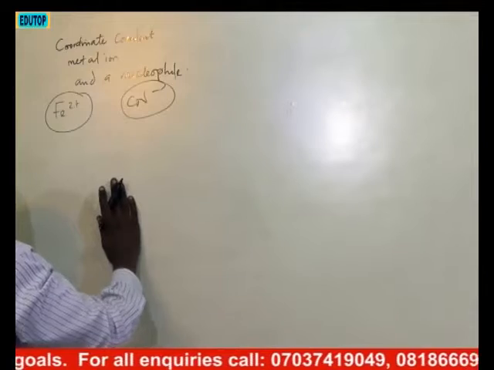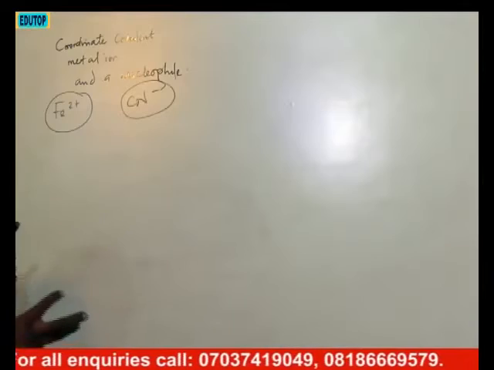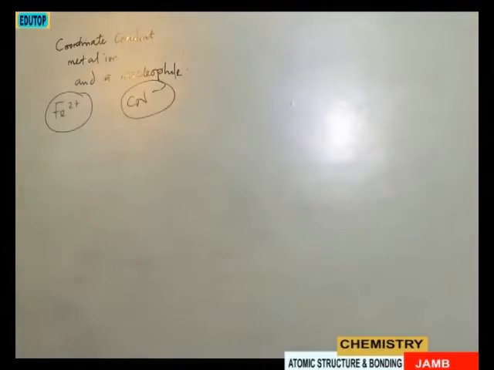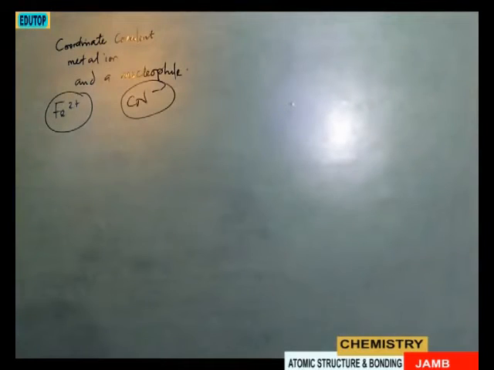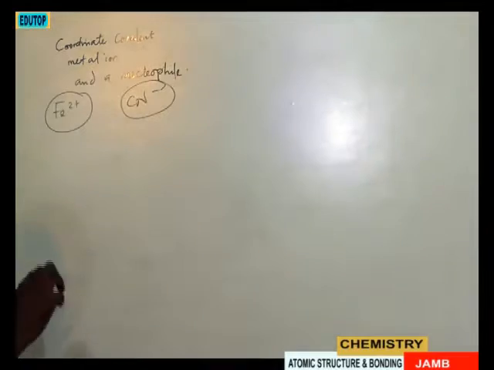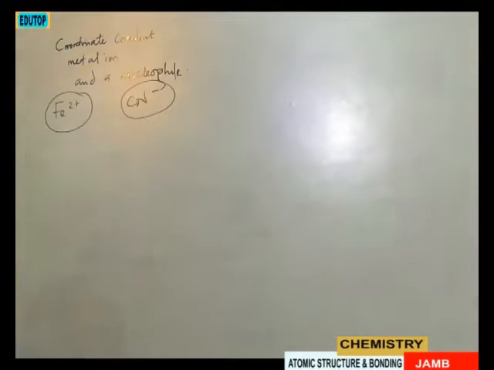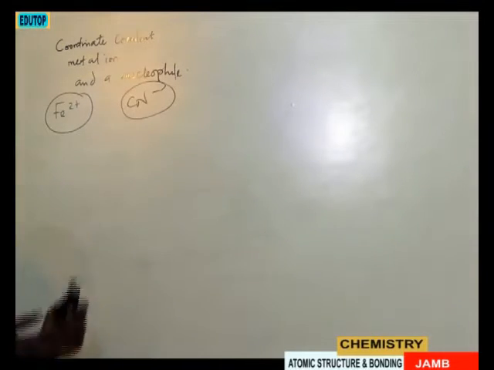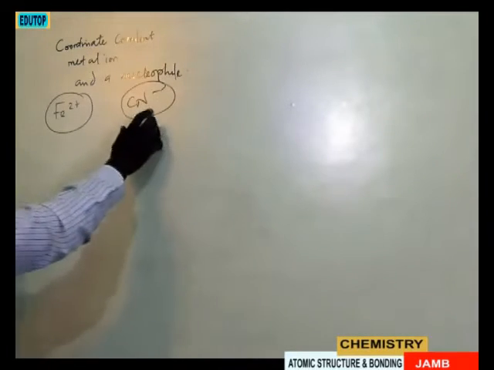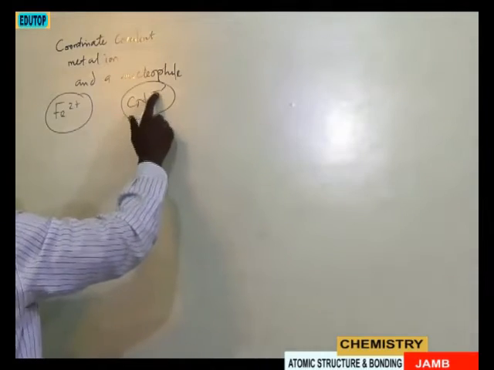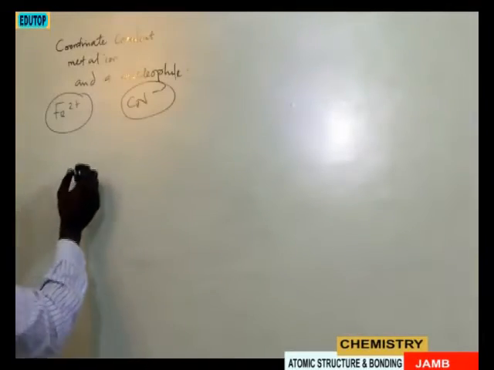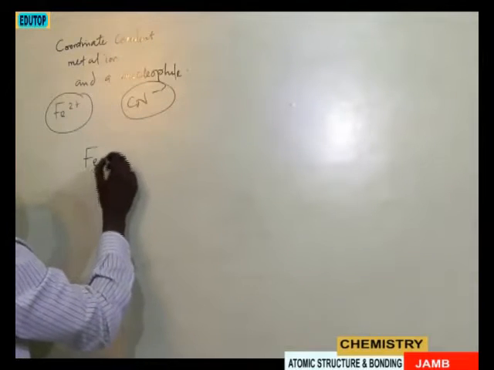So a nucleophile is a species that is negatively charged or electron rich. So that is what makes this a nucleophile, because it is negatively charged. So if they want to combine now, they can combine in this form.